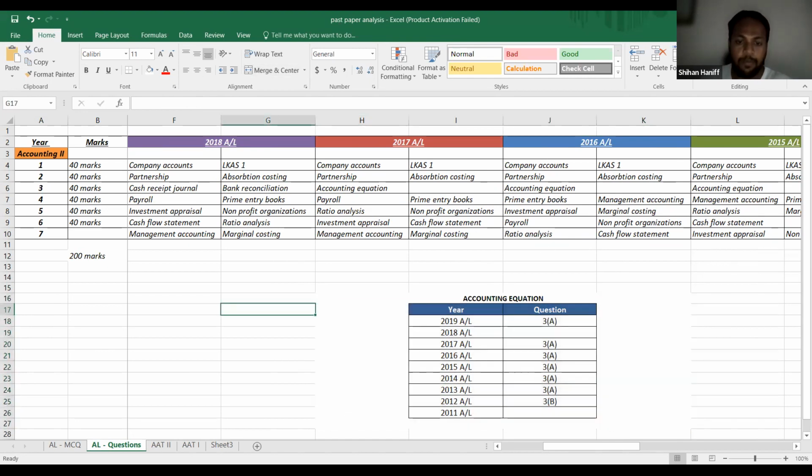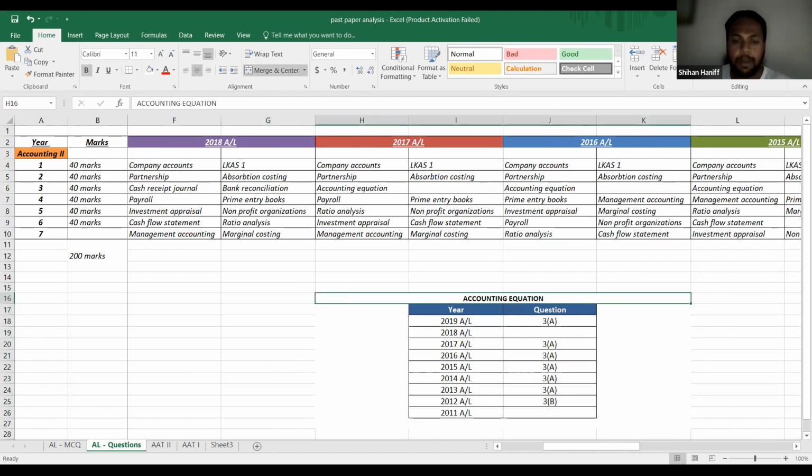So next we will move to chapter 1. Today my plan is to complete the first chapter.